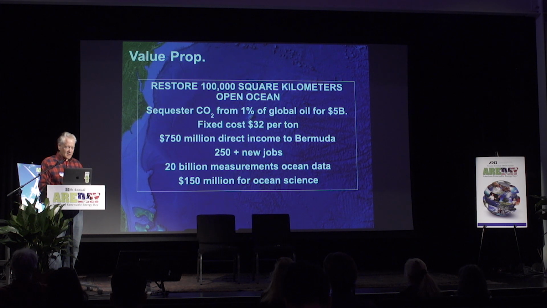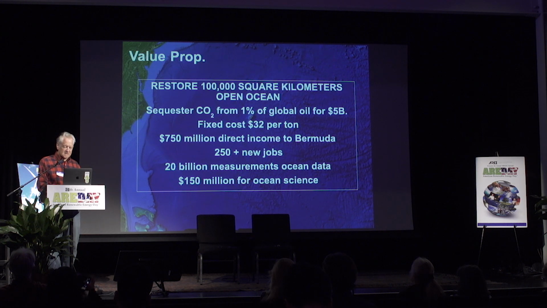which is very competitive in today's market. The business model that we're pursuing is to directly involve the island nation's government, in this case the government of Bermuda, and they would essentially license their EEZ for this project and earn $750 million additional new government money.